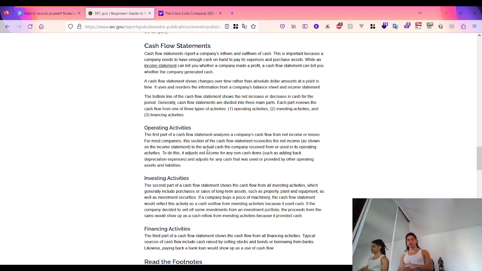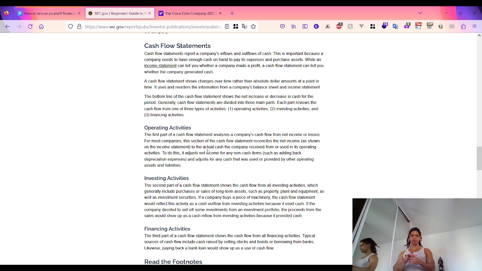So the TLDR of the cash flow statement is that it shows the company's inflow and outflow of cash. This is important because a company needs to have enough cash to pay expenses and purchase assets. If you see yourself as a company, you need to pay expenses, rent, service, food, and purchase assets, perhaps to operate your own business.